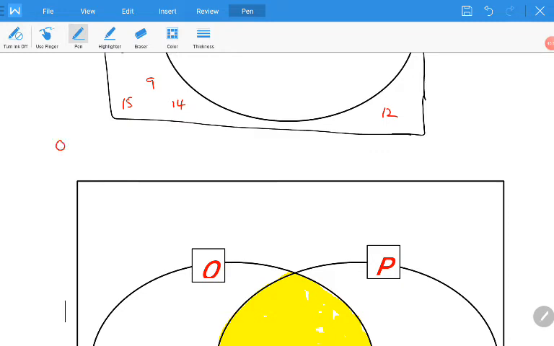So my odd numbers are 1, 3, 5, 7, 9, 11, 13, 15, 17, and 19.